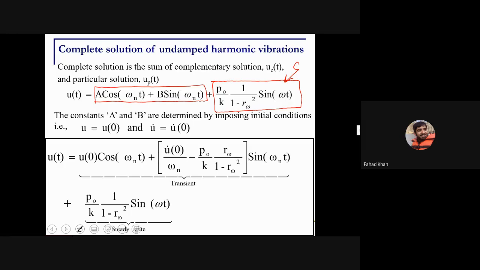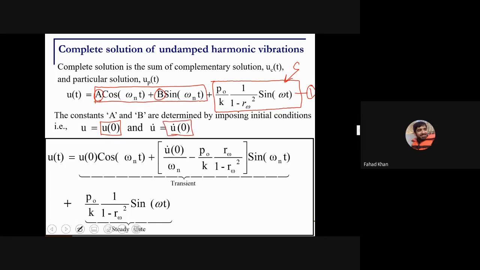Now, still we need to determine the values of A and B in what we'll call equation 1. And for that, we need two initial conditions. One is the displacement when time t equals 0, and we need the initial velocity when time t equals 0.